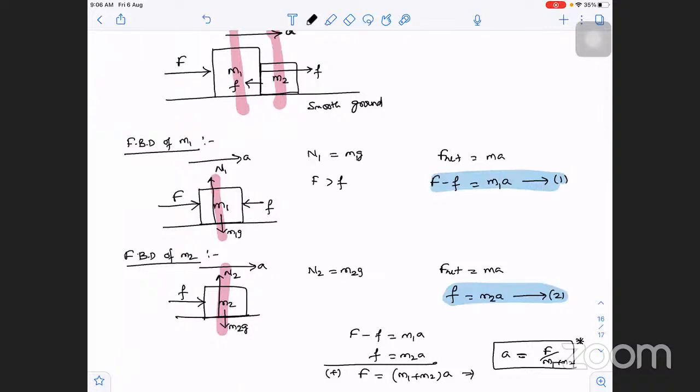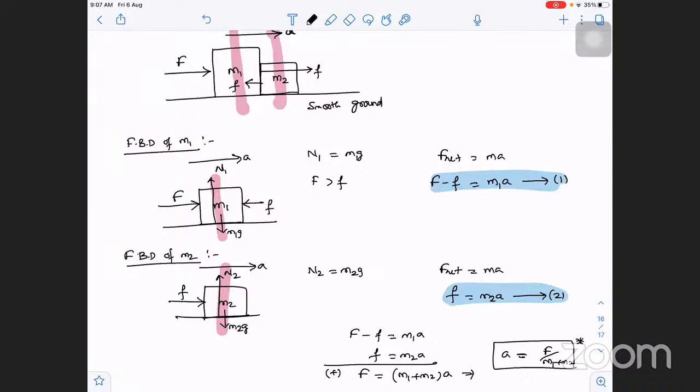What is the acceleration value we can write down? F by M1 plus M2. Okay, if I know the acceleration, I can find out the f value, which is small f.